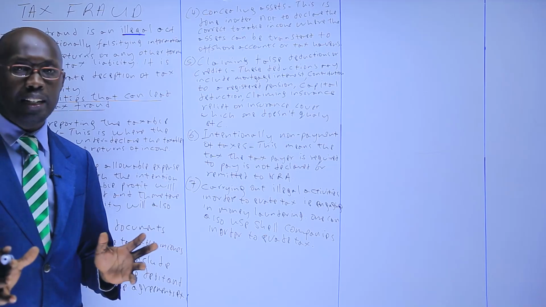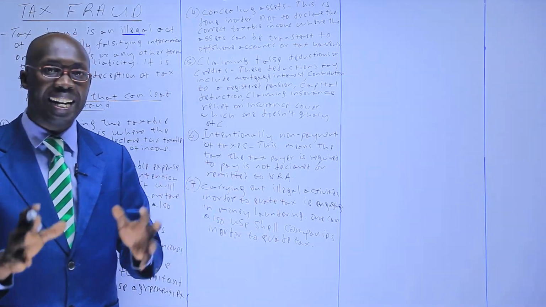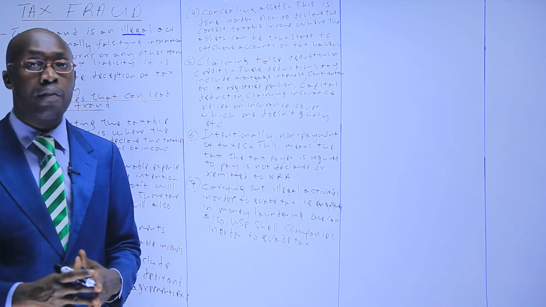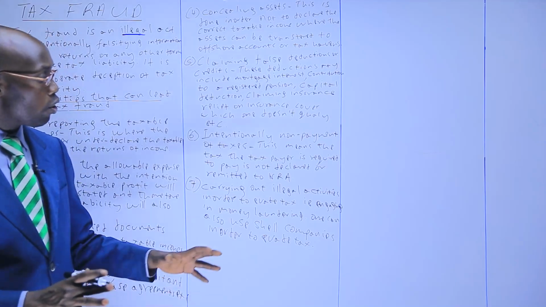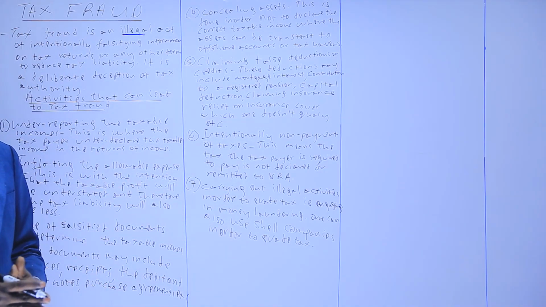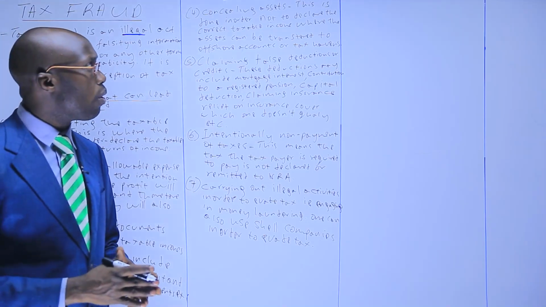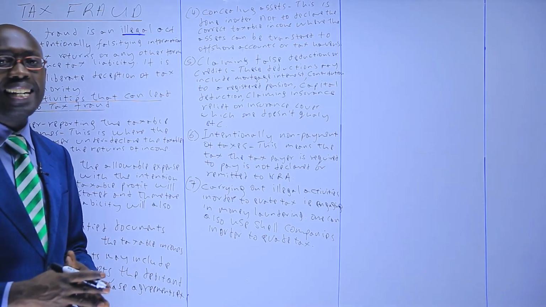They don't do any legal business. They are just there to be used to transfer funds from one country to another in order to evade tax, or to just keep money, but they are not there to do any business. So that can also be used as a way of carrying out tax fraud. So that is how one can go about doing tax fraud.